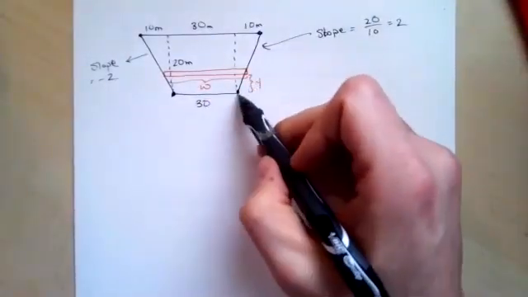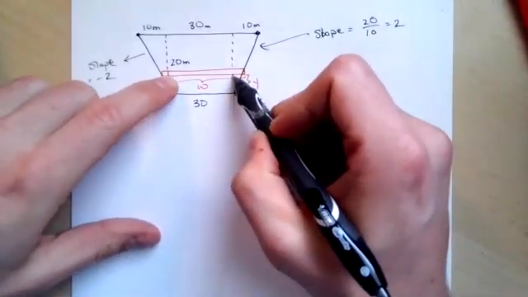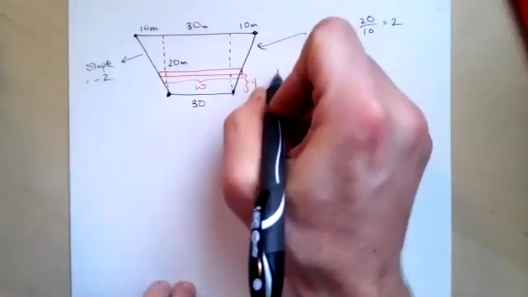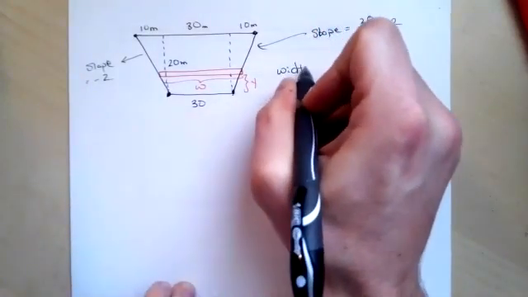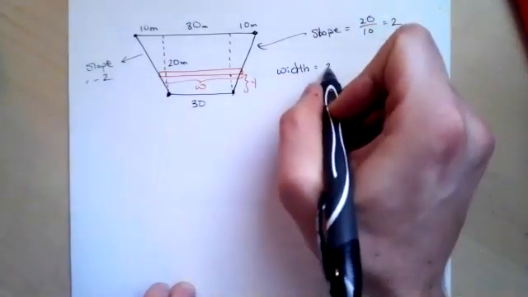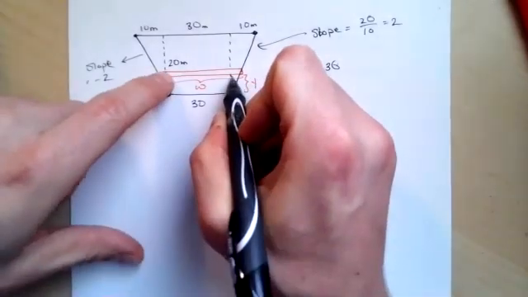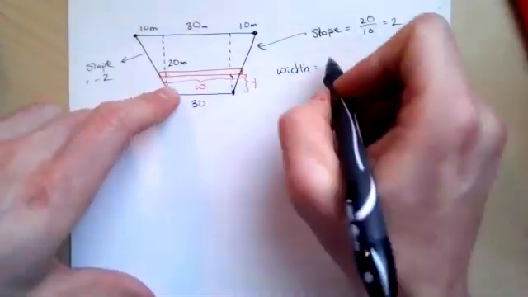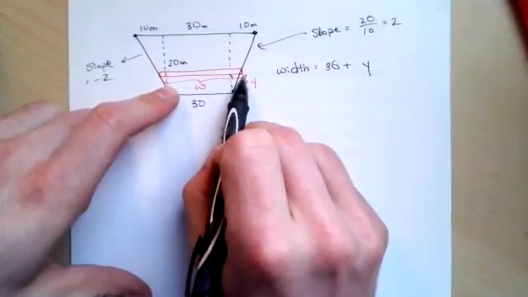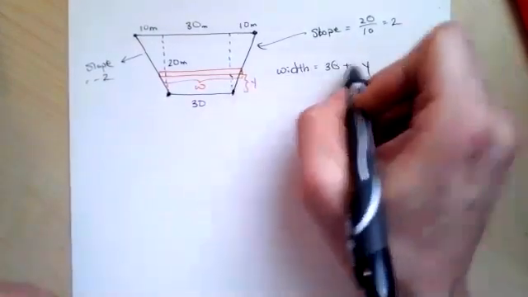So the quick way to do this is, if I have this bar here and I go up here, let's draw it out. So our width, we have a length of 30. And then if I go up 20 or up Y, this side is going to grow half of that.